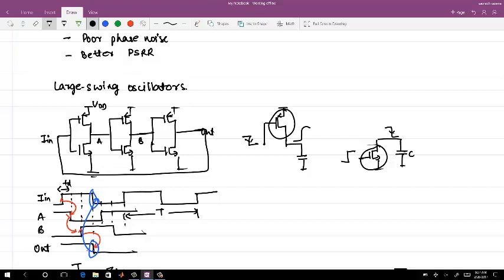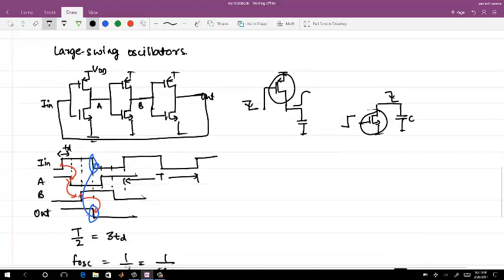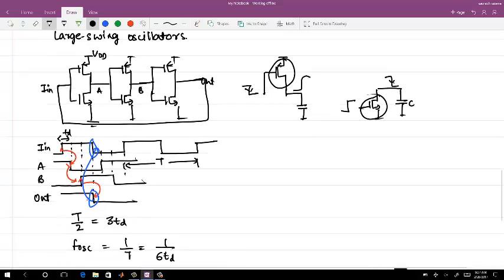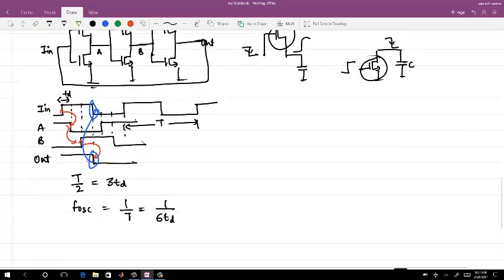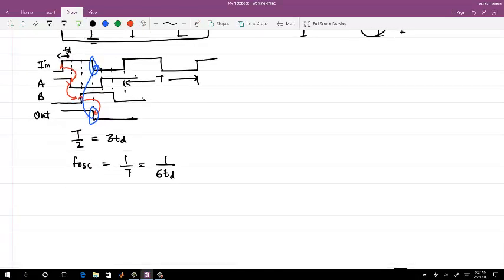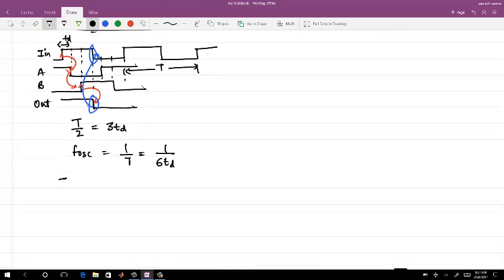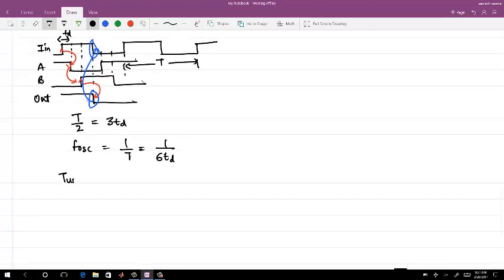Now we have a full swing oscillator. How can we tune the frequency of a full swing oscillator?